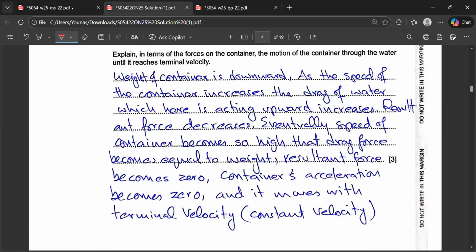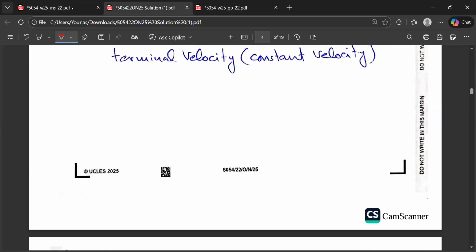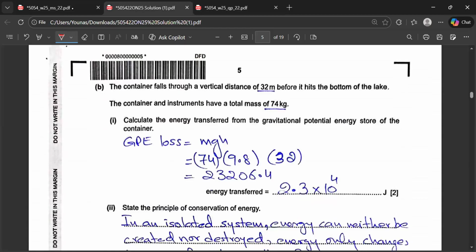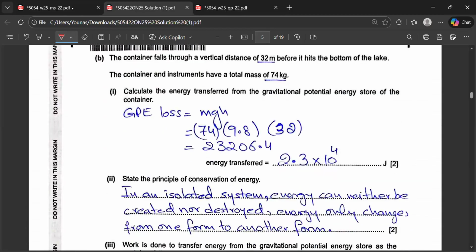Newton per kg. The g is equal to W by m, yes, Newton per kg. Okay. So this is my solution. The gravitational potential energy loss is equal to mgh. m is 74 kg, the g value is 9.8, and the vertical distance traveled is 32 meters.